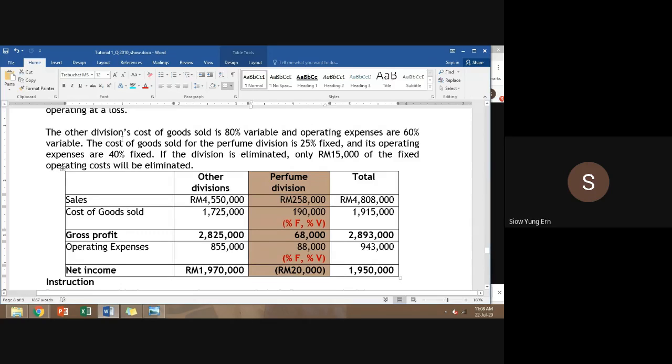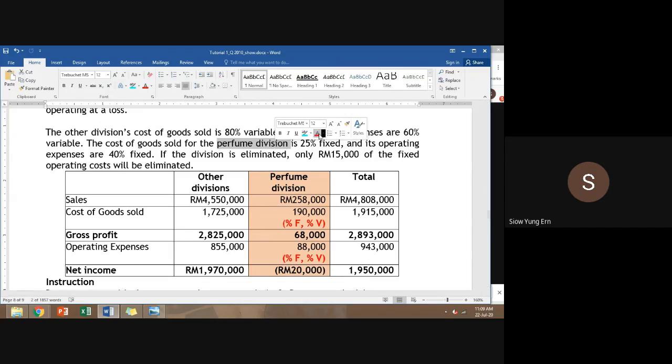The other division's cost of goods sold is 80% variable, operating expenses 60% variable. We don't need to look at this because it is the other division. Now we want to look at the perfume division.